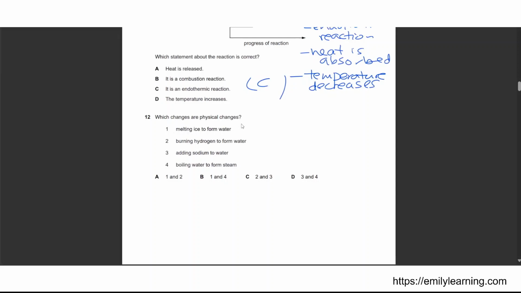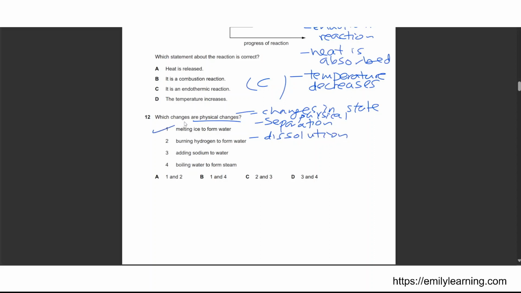Next, which of the changes are physical change? Physical changes are your changes in state and your physical separation, like your distillation, fractional distillation, and also dissolving something in another thing. So melting ice to form water.